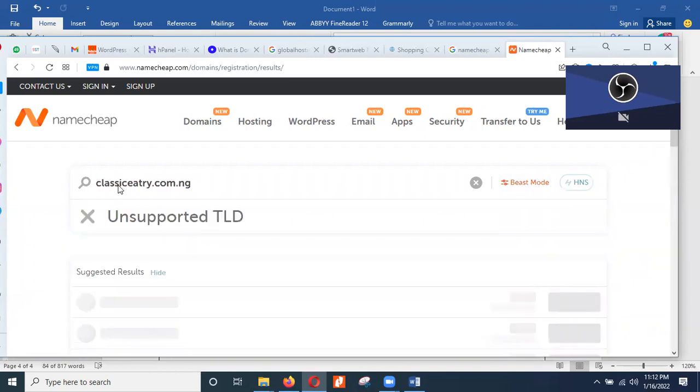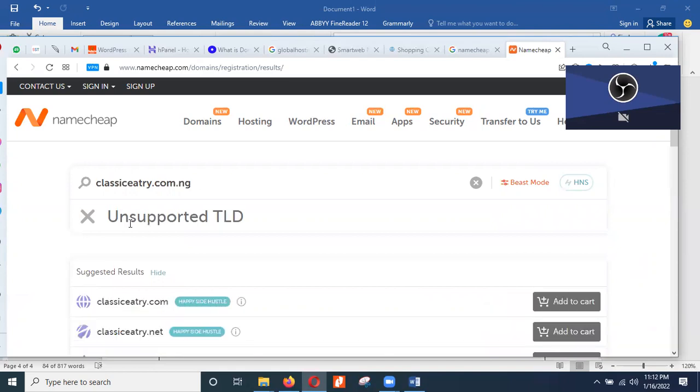Now you can see what it is saying here: unsupported top level domain. So Namecheap is a foreign company, not a Nigerian based registrar. Therefore, you cannot register a domain that has .ng, but you can register .com.